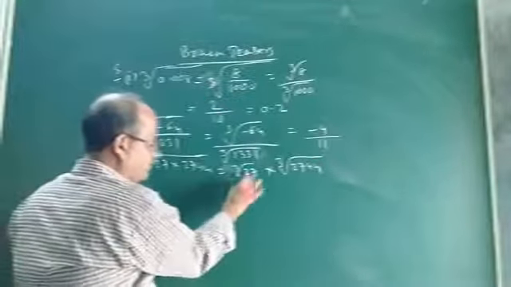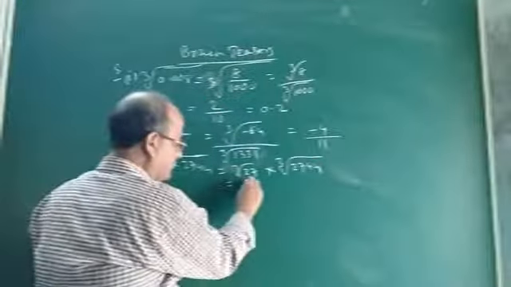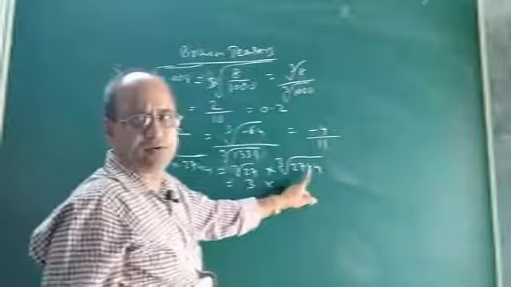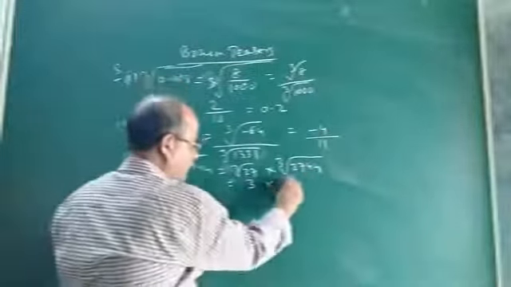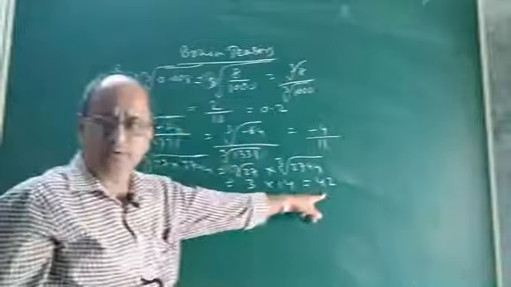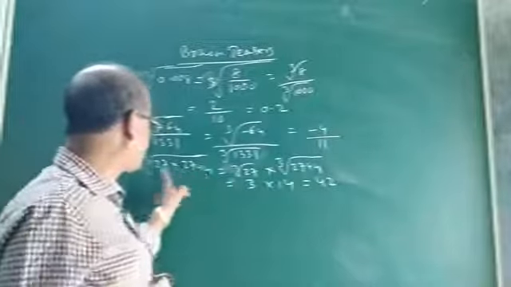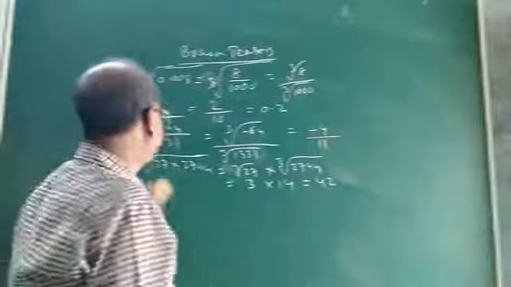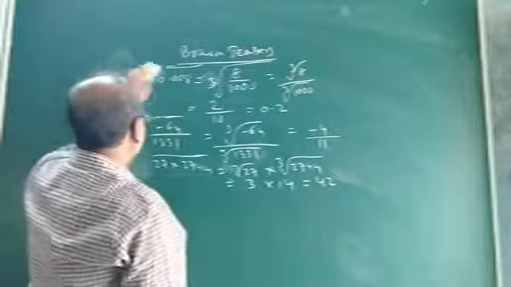You know the cube root of 27 is 3. And the cube root of 2744 you find by prime factorization. It will be 14. So 14 into 3 will be 42. So 42 will be the cube root of the product of 27 and 2744.